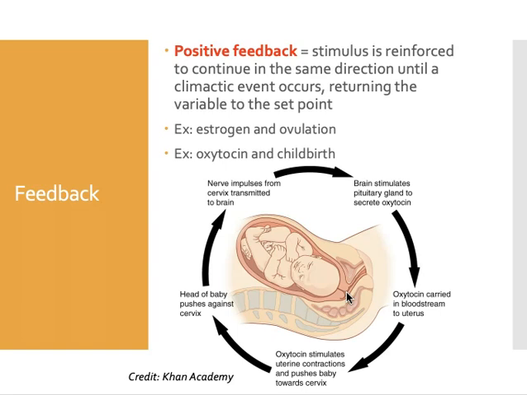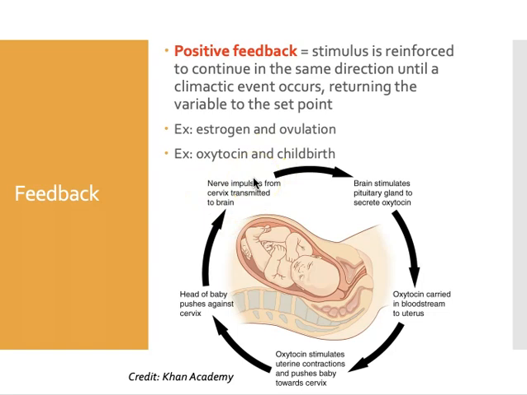Pressure is the variable here. And pressure can be picked up by receptors in the cervix. That information gets sent along neural pathways to the control center, which is the brain, specifically the hypothalamus, once again.